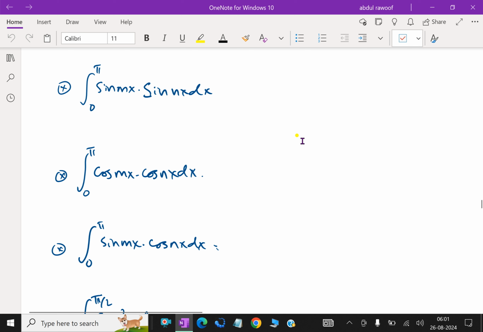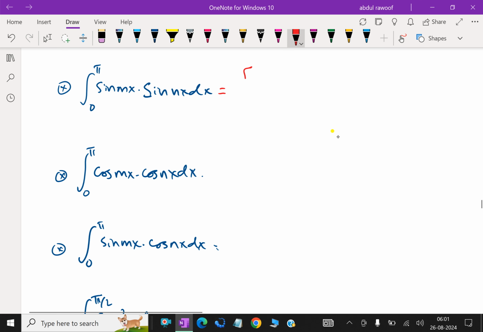Look at these formulas. The integral from 0 to pi of sin mx sin nx dx has two results. First, it is 0, where m and n are integers and m is not equal to n.